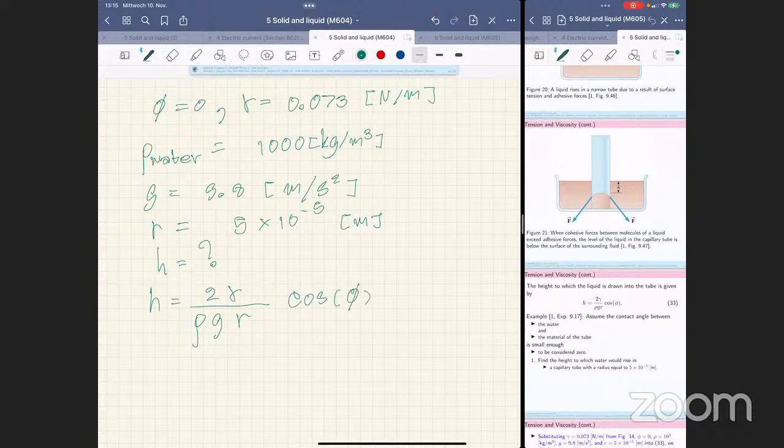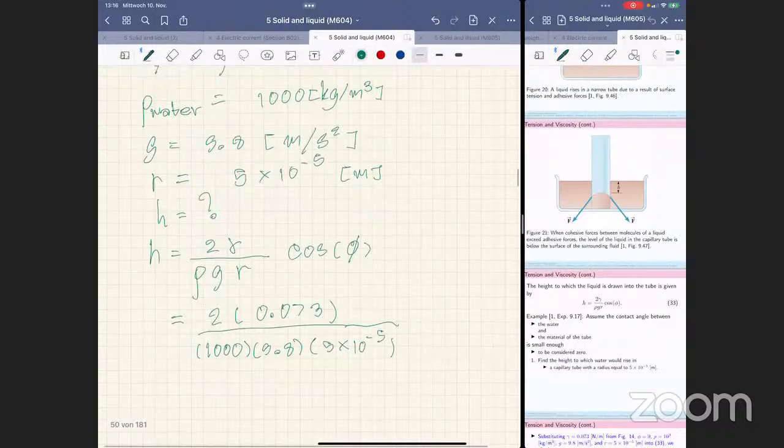Here, 2 times gamma, which is 0.0073, divided by rho, which is 1000, and 9.8 for the acceleration on Earth, and the radius is very tiny, 5 times 10 to the negative 5.